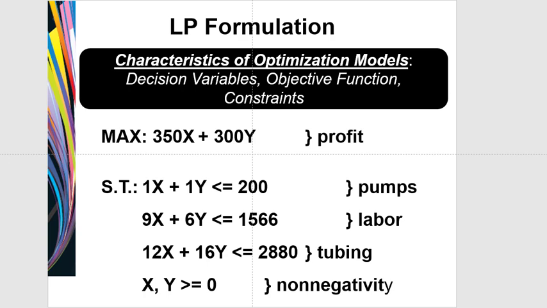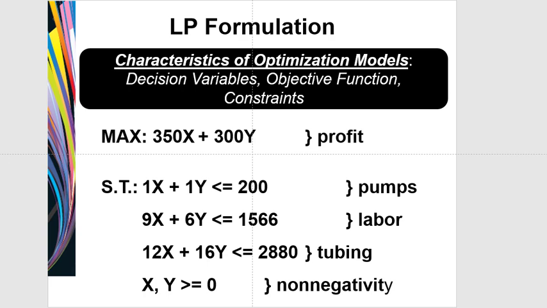Now, this side is called the left-hand side of the constraint. All right, let me just repeat that. The data for the model consists of the coefficients in the objective function we have there, and the various coefficients in the left-hand side.